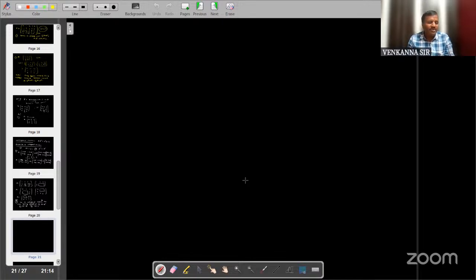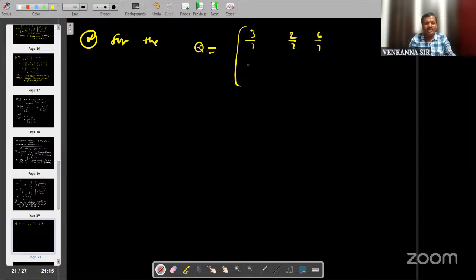Next question. For the given orthogonal matrix Q, orthogonal matrix given like this: 3 by 7, 2 by 7, 6 by 7, minus 6 by 7, 3 by 7, 2 by 7, 2 by 7, 6 by 7, minus 3 by 7.